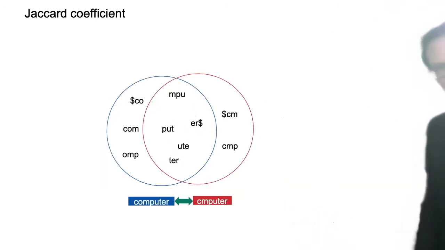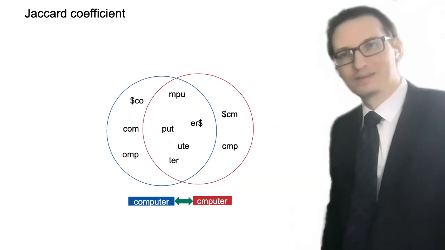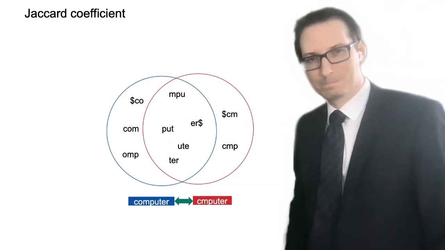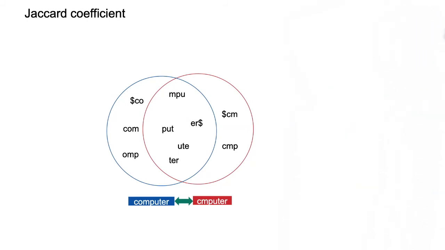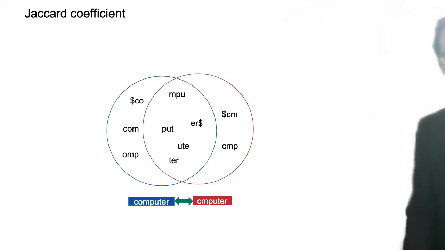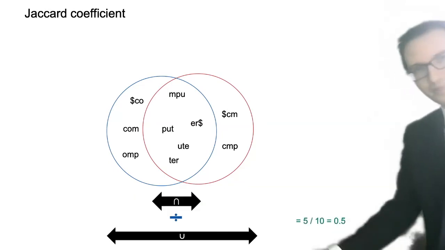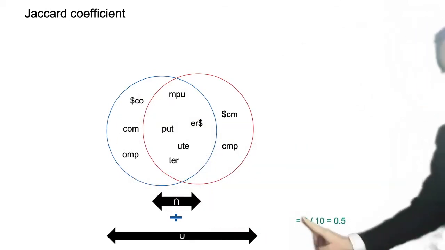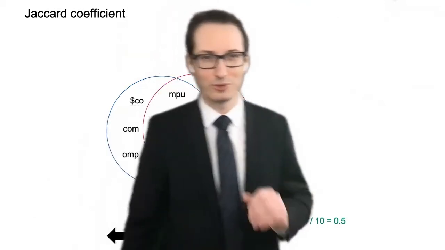Okay, what about this one? Dan, in the chat, I think. 1 divided by 2. Yeah, exactly. We have 5 in there, 10 in total. So that's 5 divided by 10, which gives us 1 half. All right. So I think you get it now, right? So how you compute a Jaccard coefficient.